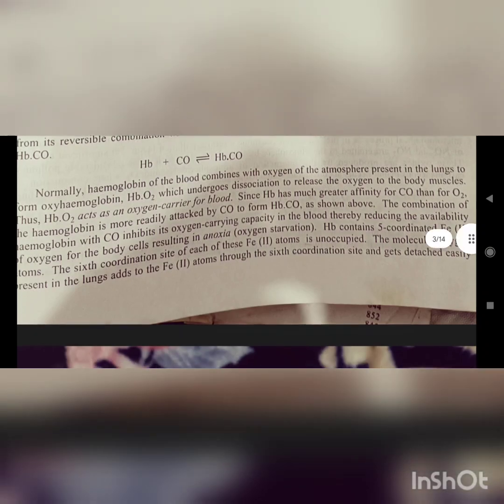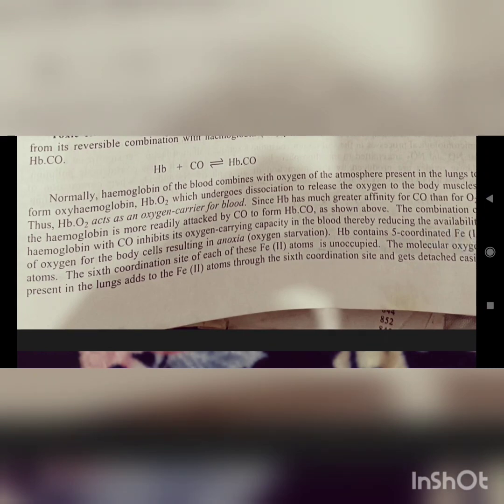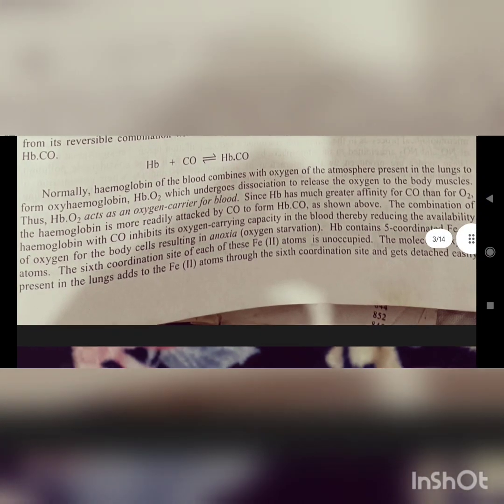Since Hb has much greater affinity for CO than for O2, the hemoglobin is more readily attacked by CO to form HbCO. The combination of hemoglobin with CO inhibits its oxygen carrying capacity in the blood, thereby reducing the availability of oxygen for the body cells, resulting in anoxia, oxygen starvation.